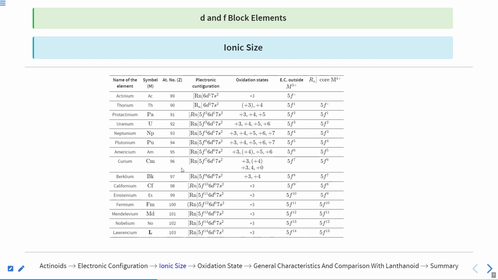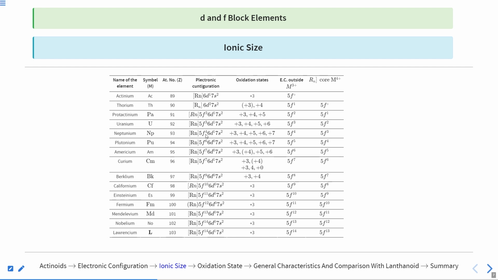Curium has 5f7 6d1. In berkelium, californium, einsteinium, fermium, mendelevium and nobelium, only the f orbital is filled and the d orbital is not disturbed. The disturbance is seen for neptunium, uranium and protactinium. For curium there is also an exception, but it can be easily explained with the help of the half filled and fully filled concept. But this is not seen in the case of protactinium.